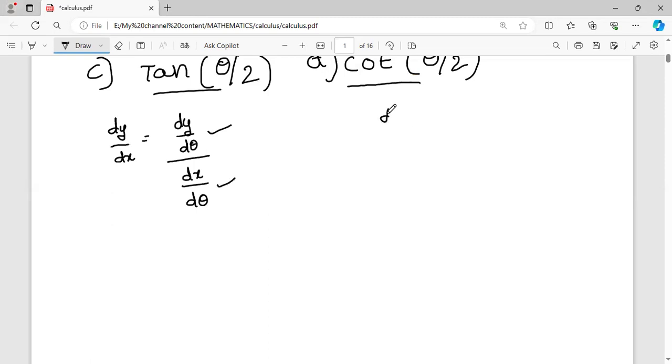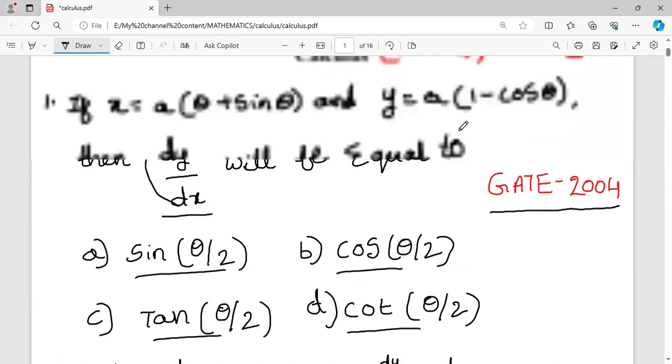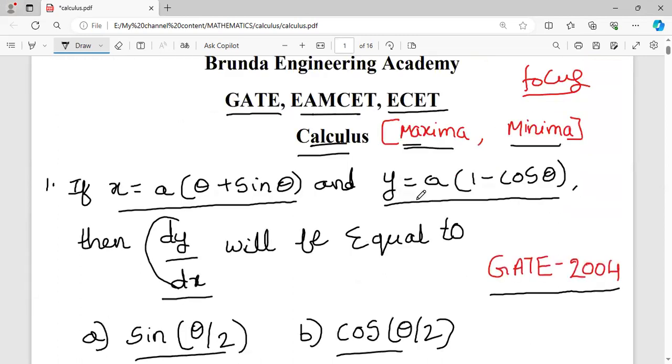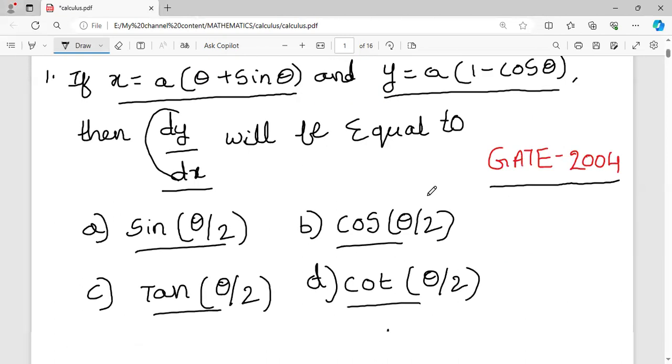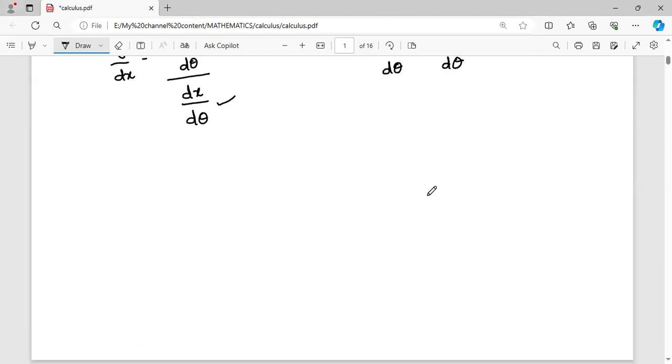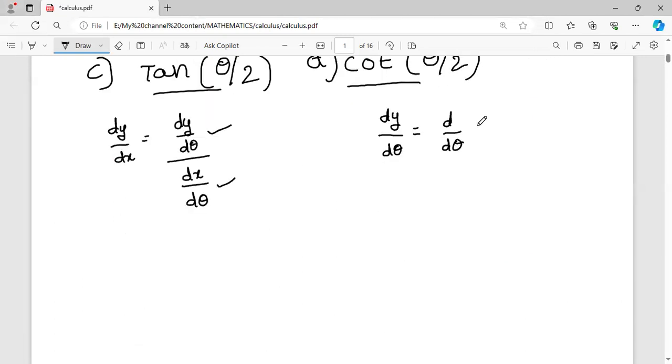So I am taking dy by d theta. What is y? Y equals a of 1 minus cos theta. So d by d theta of a into 1 minus cos theta.